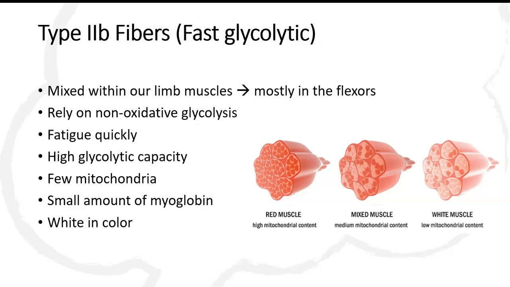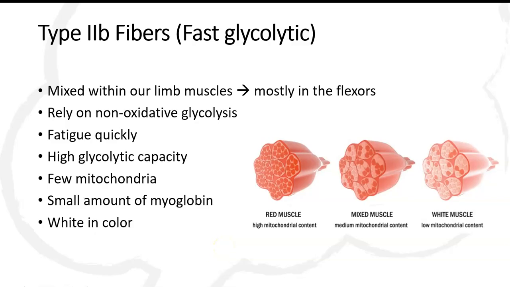Now, type 2B or type 2X fibers are fast glycolytic fibers. Now, they are mixed within our limb muscles and mostly within our flexors. Okay, so these rely again on non-oxidative glycolysis or anaerobic metabolism, meaning without oxygen. Again, over here, it's kind of more of a white muscle. We're not rich in myoglobin and capillary supply here, where we are over here. They have a very high glycolytic capacity.